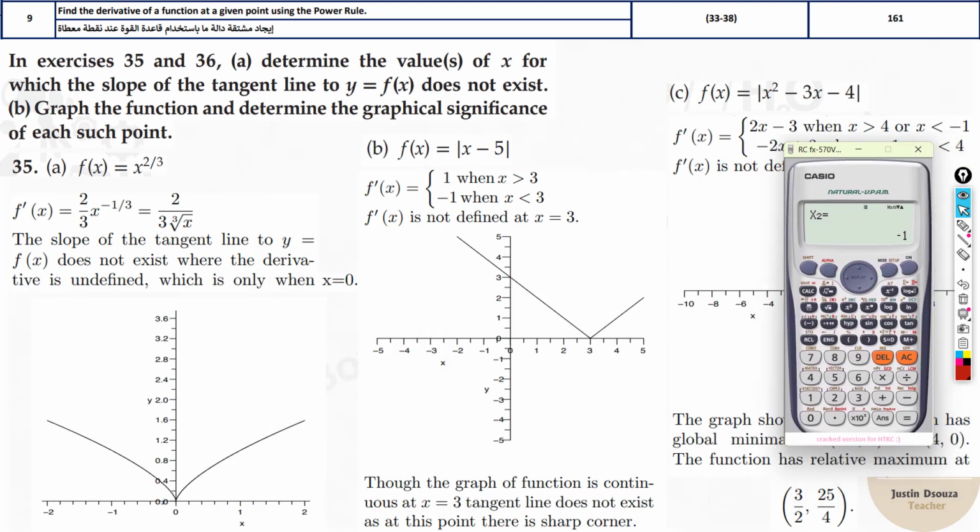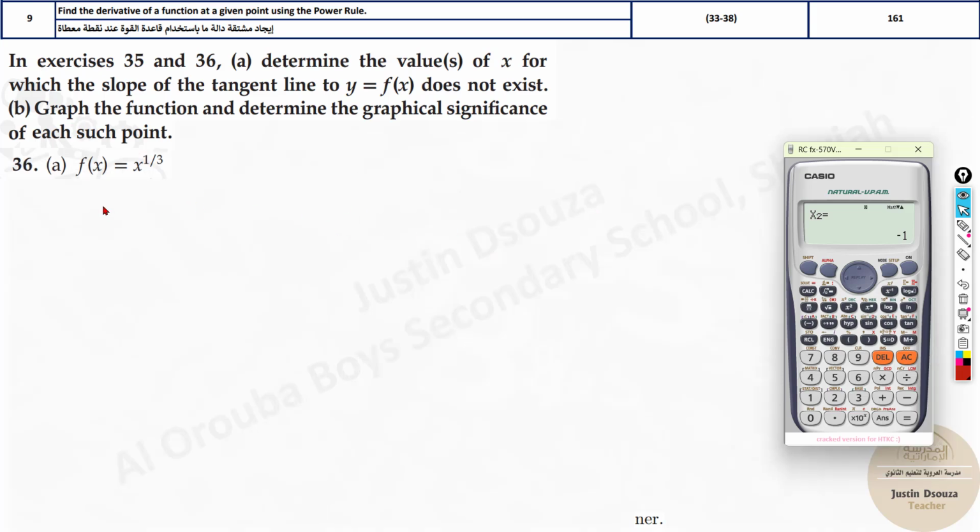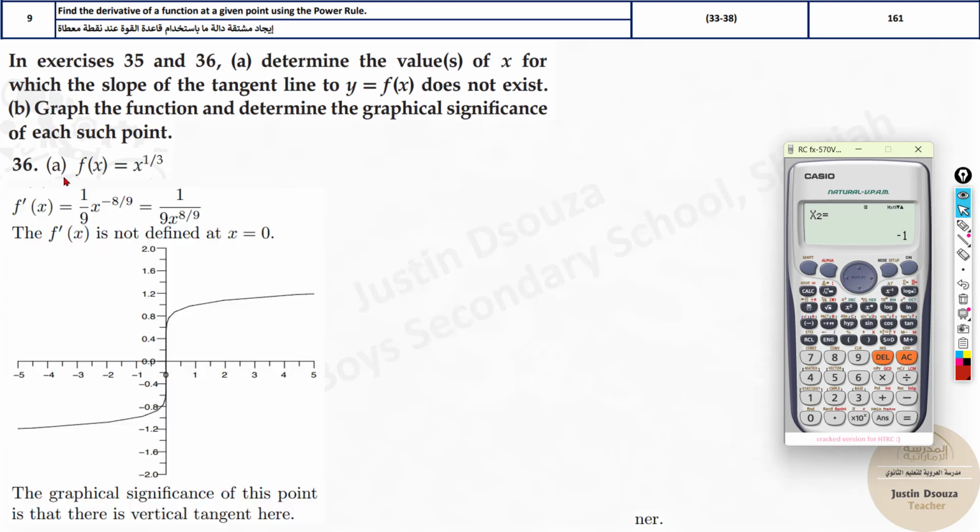Since this is an MCQ, question 9 MCQ, I'm not exactly sure how it is going to be asked. Again, we have a cube root. How do we do that? We have just done it a while ago. You can see a cube root is not differentiable at this point. Why? It's a vertical tangent. It's undefined over here. Now, how do you derive this? That is important.